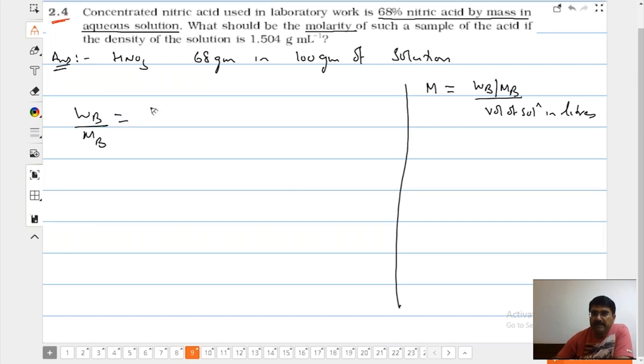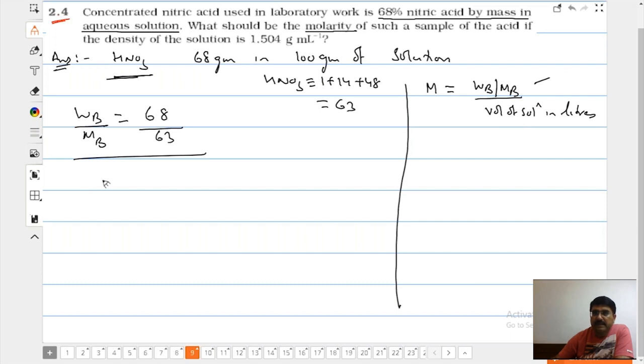It is 68 gram for nitric acid. What is the molar mass of nitric acid? It is 1 plus nitrogen 14 plus 48, that is 63.